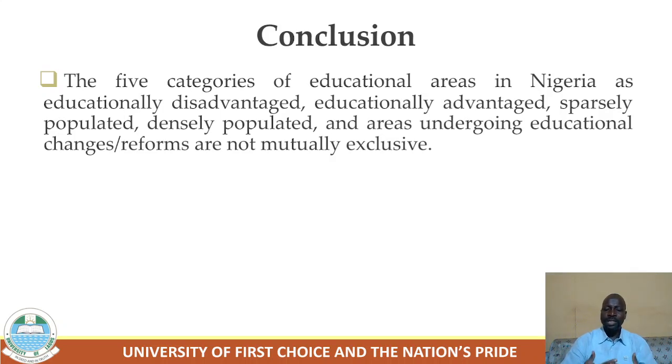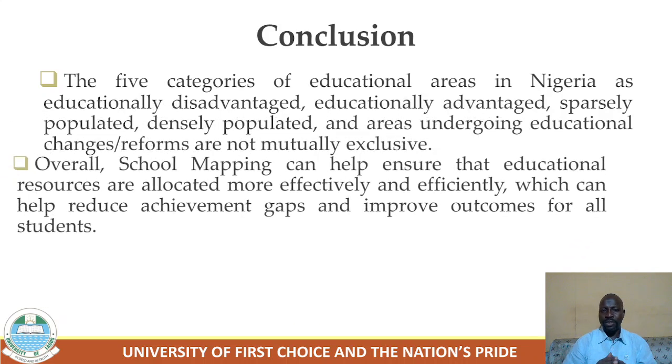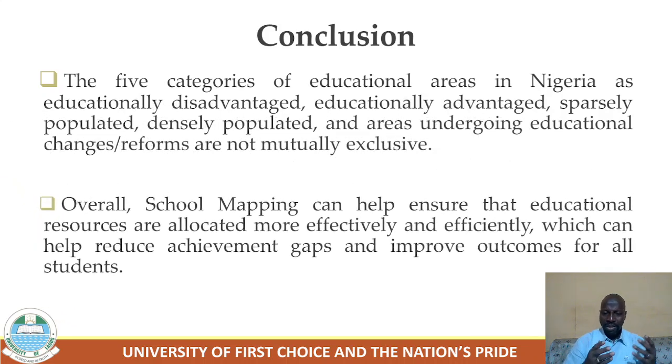Every society experiences any of these diverse areas, and that is what makes school mapping exercise highly imperative as something that must be carried out at the beginning of every academic session.